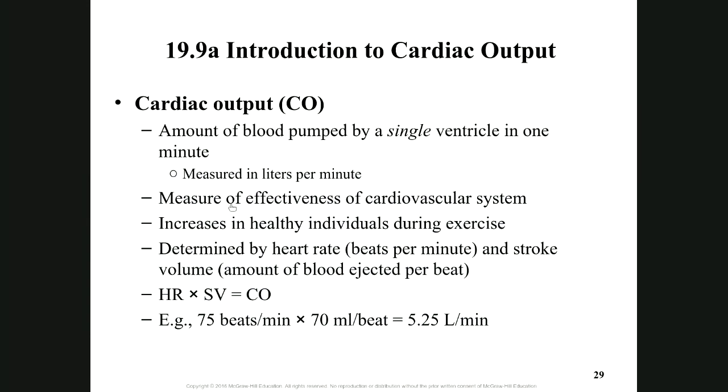When you exercise, your cardiac output should increase because your body needs more oxygen and more nutrients. So we need more heart rate here, and also more stroke volume at this time. And when we want to measure the cardiac output, the cardiac output is equal to heart rate times stroke volume.